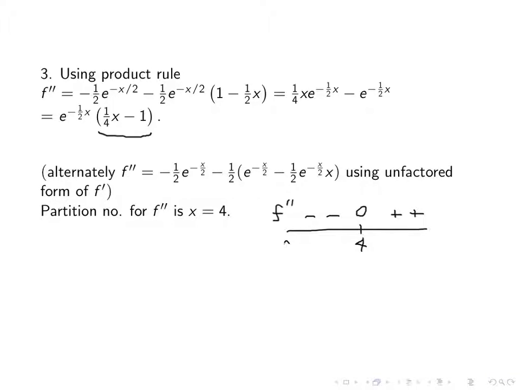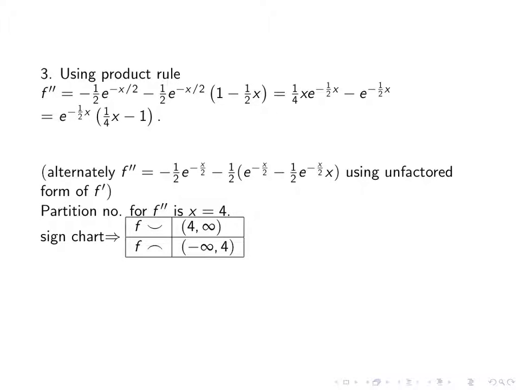Therefore, f is concave down until you hit x equals 4, and then it's concave up. In chart form, it says that f is concave up on the interval from 4 to infinity and concave down from minus infinity to 4, to the left of 4. Since the concavity changes at x equals 4, you have the inflection point, the IP, at x equals 4, y equals f of 4.